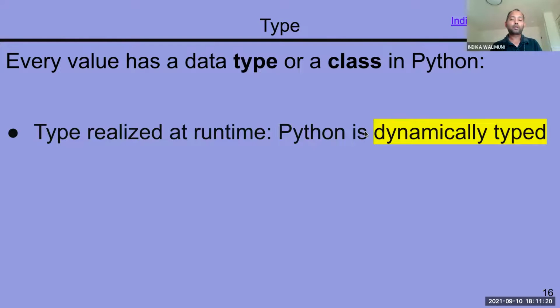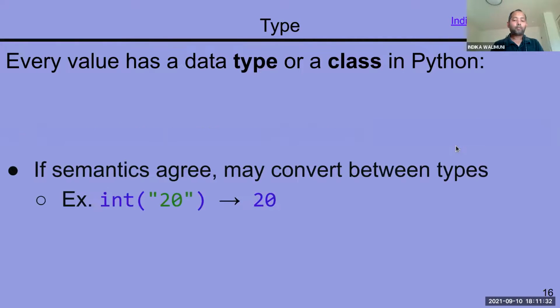Then I sometimes highlight catchphrases that I think should be important, so that you guys can use it, right? And very importantly, I use this symbol for the return mark. So this says, okay, int of string 20 returns 20, integer 20. Okay, so this symbol says return. So I will use this one for return. Okay, so let's go back.